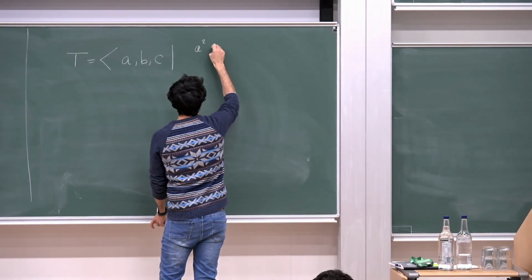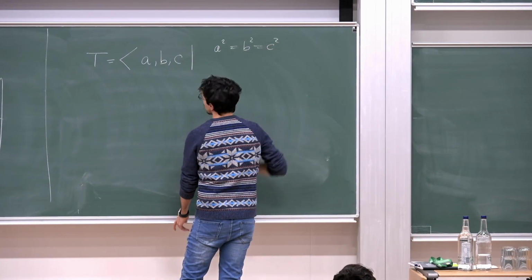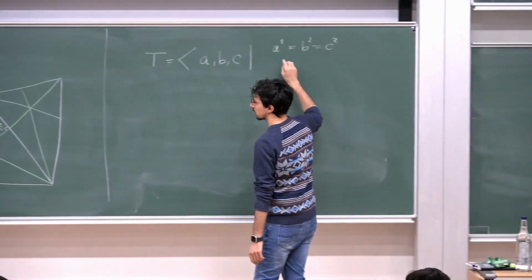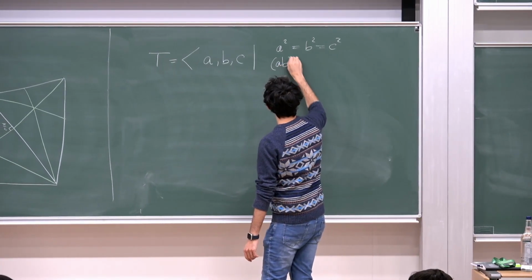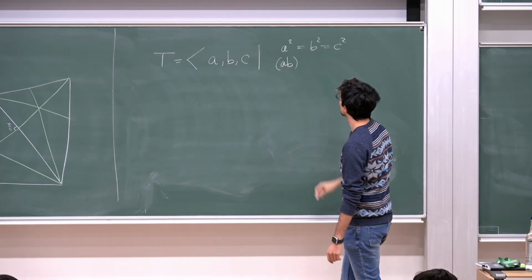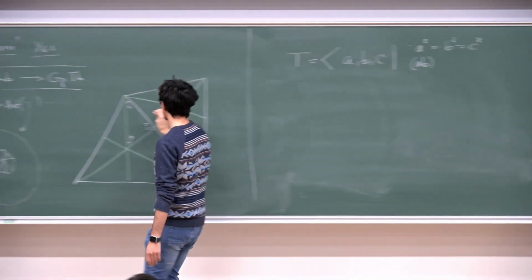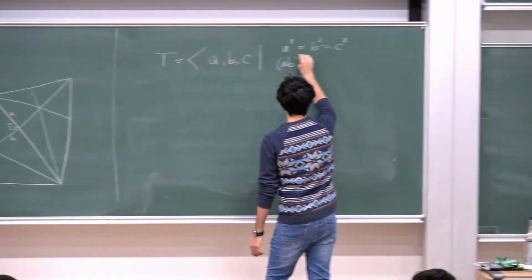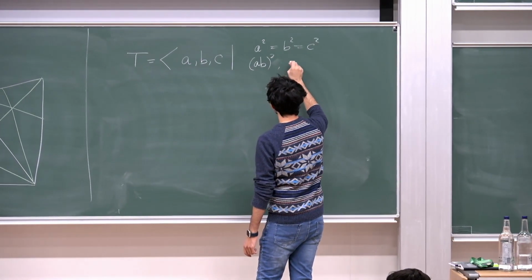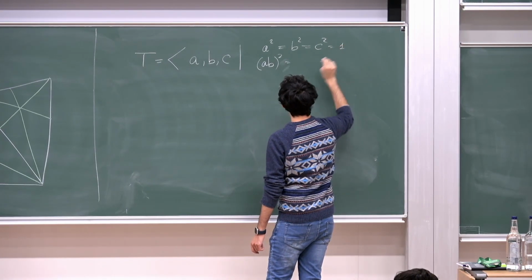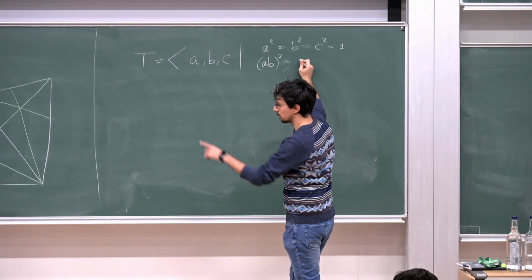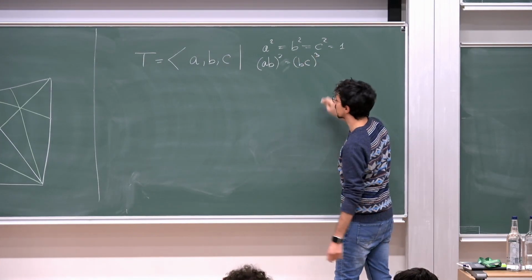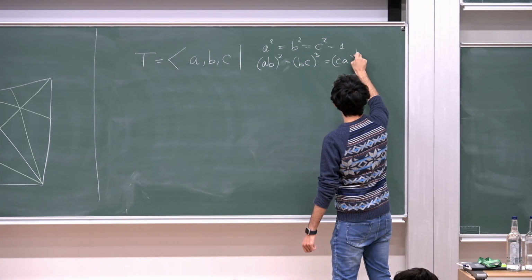So each one of them has order 2, and to capture this angle condition, this gives us a condition about the order of AB, which is the rotation around this. So for me this is going to be A, B, C, maybe. So AB squared is 1, BC cubed is 1, and CA power K.